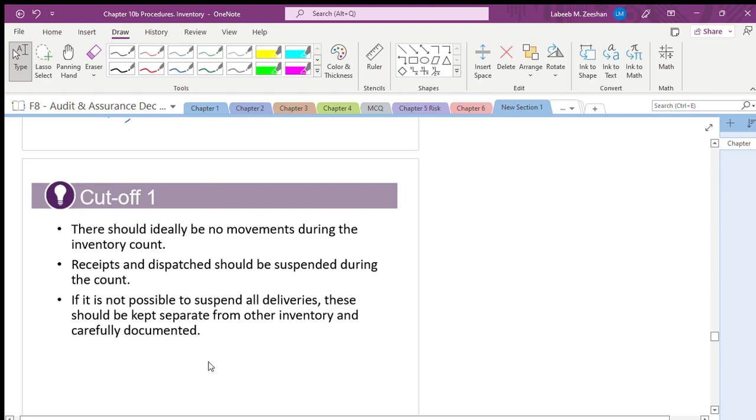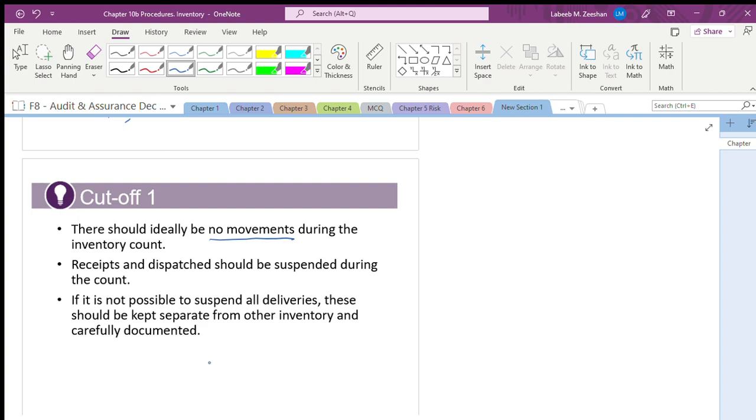Now you see the thing, talking about the perpetual inventory, there should ideally be no movement during the inventory count. When there is a cutoff, the last 15 days and the first 15 days are not that important, but the last 4 or 5 days of the year are.